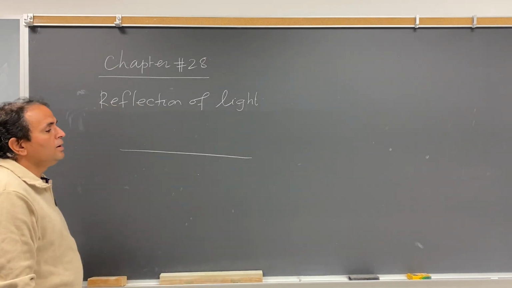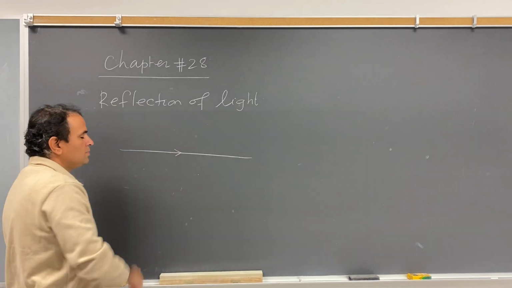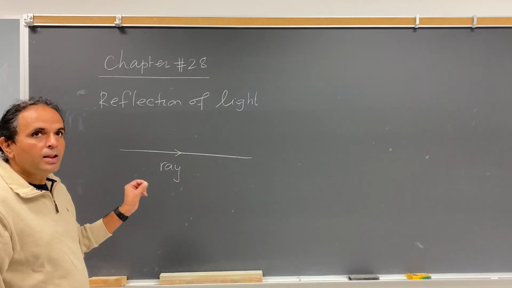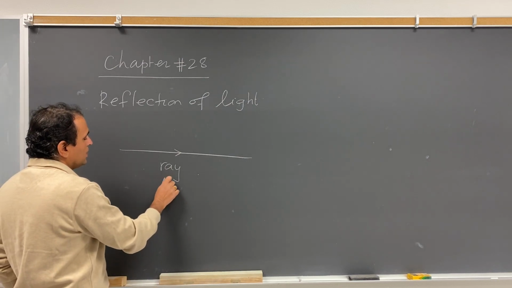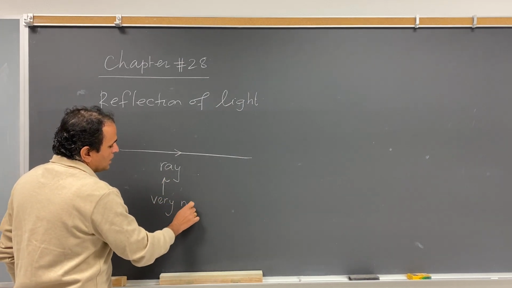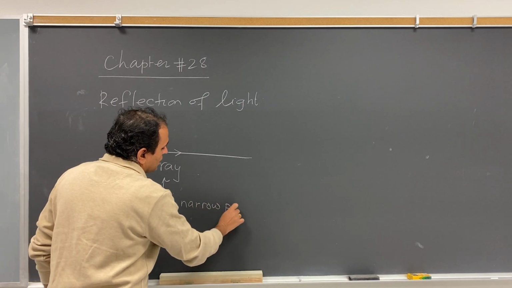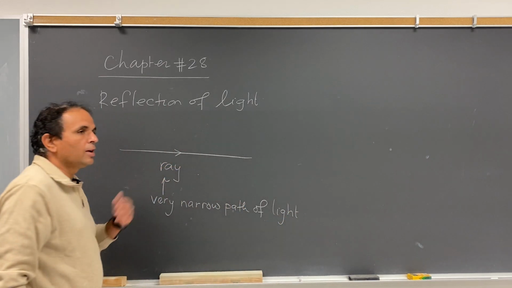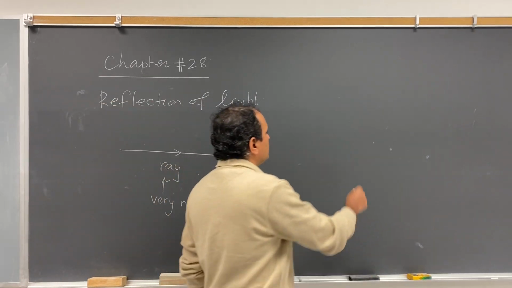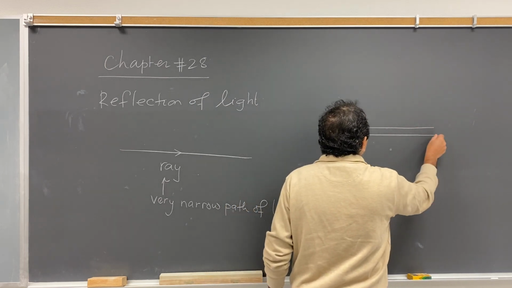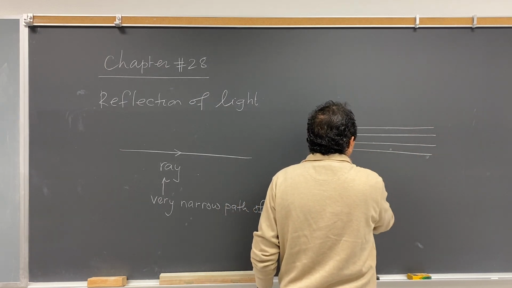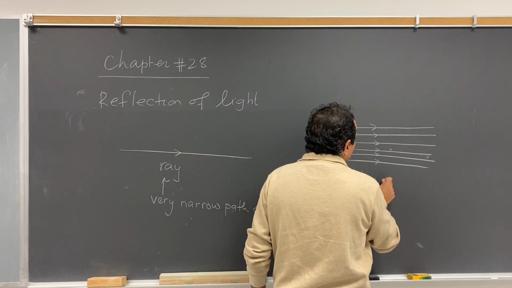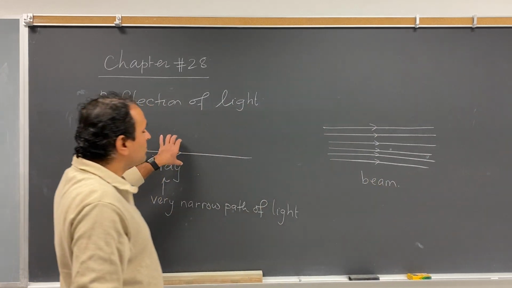This is the very narrow path of light. We call this a ray. This is the ray, and collection of rays like this is called a beam.